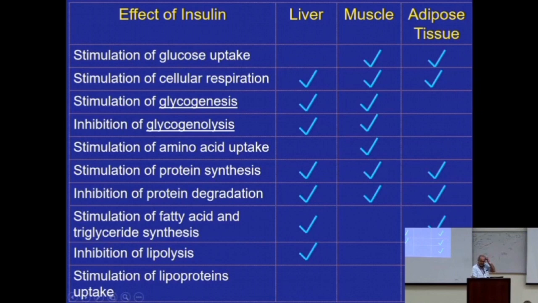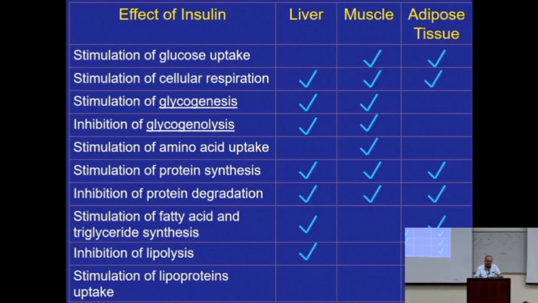And this is really a summary table of the effects of insulin. Very important. Without getting into all the details, but here's the first important effect. Note where the checks are. Muscle, adipose tissue only. Not the liver. The liver will pick up glucose, but not because of insulin, because of high glucose.